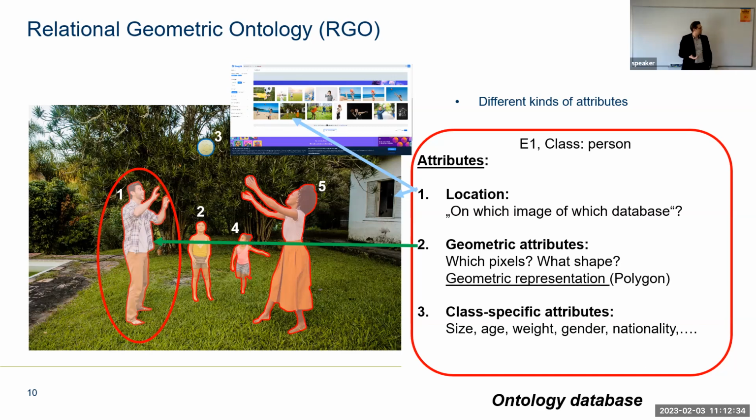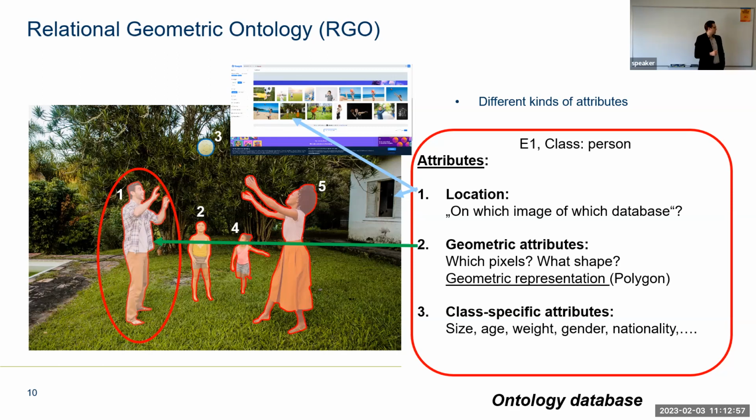Then there are a few class-specific attributes. For example, when we talk about person, this could be size, age, weight, gender, nationality, whatsoever. Some of these attributes can directly be derived from the image. If I had a scale bar, I could measure the size of the person. Other attributes cannot be derived from the image, for example the nationality. There's no way of determining this.